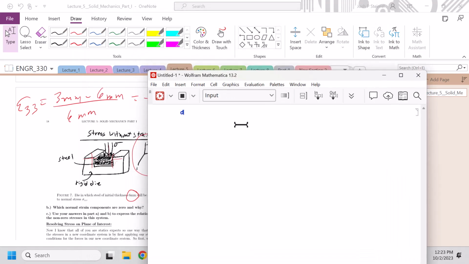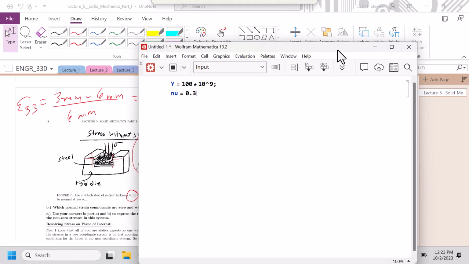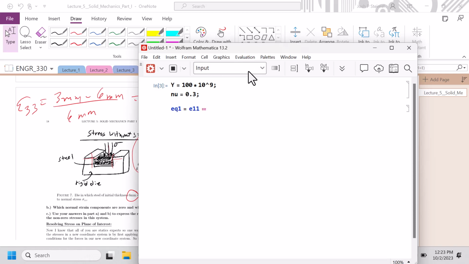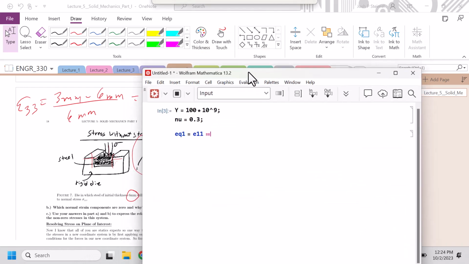Specifically, I'm going to write out Young's modulus is 100 times 10 to the 9, and our nu is equal to 0.3. So let's go ahead and define those. I'm going to say equation 1, EQ1 equals E11, and E11 we don't know what that is. Let's set it up right now. We know that sig22 is 0.